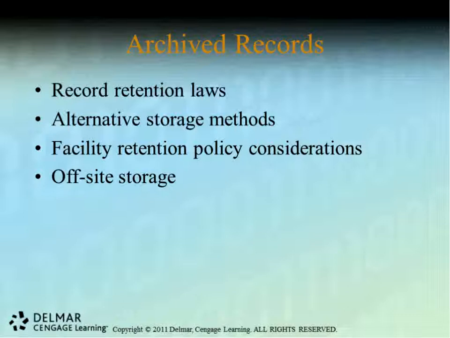Say you have a patient that is a child, and they tell you to maintain that record to the age of majority plus 10 years, which basically means the age of consent plus a 10-year time period. So when the patient becomes 18, you have to maintain that record 10 more years. The concept behind that is that once the patient reaches the age of majority, they can perhaps make some decisions about their healthcare record that they could not as a minor.